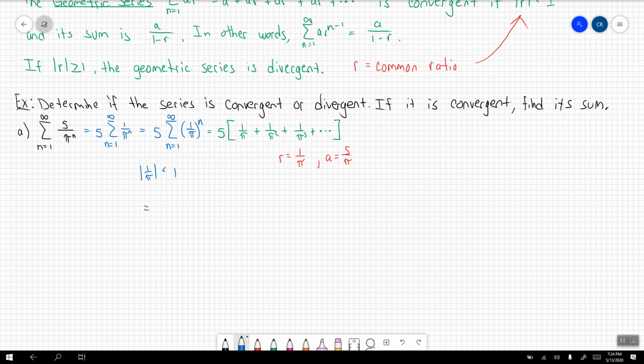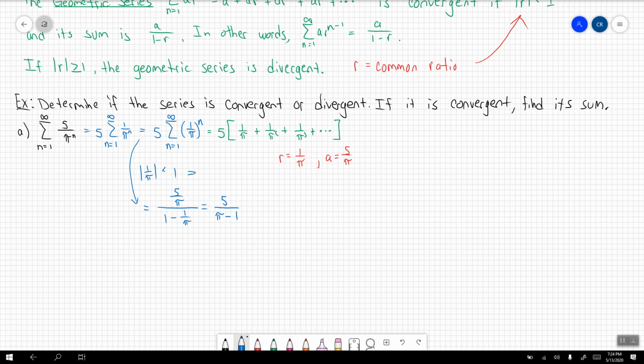If this is the case, then the sum is going to be a, which was this 5 over pi, divided by 1 minus r, and 1 minus r is 1 minus 1 over pi. So what is the answer? Let's multiply by pi on both sides, top and bottom. This leaves us with 5 divided by pi minus 1. And there it is.